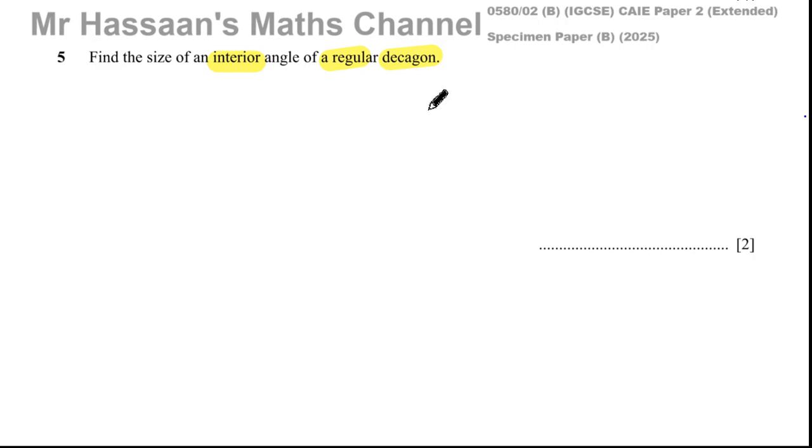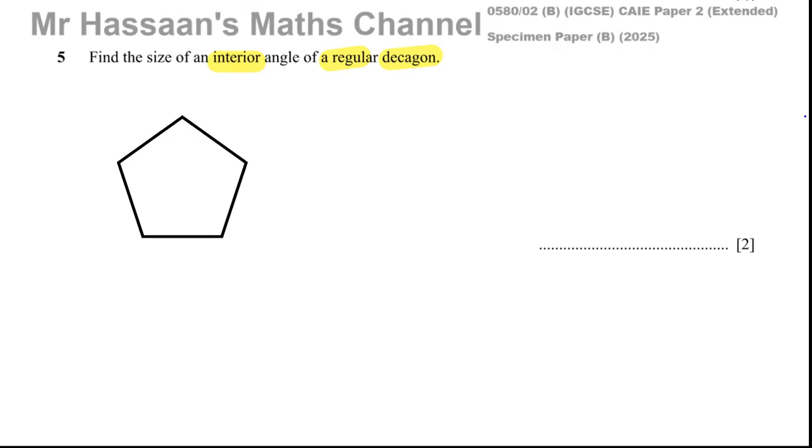The other thing we should understand is what they mean when they talk about interior angles as opposed to exterior angles. So I'll just draw any old polygon. This is not a decagon right now.